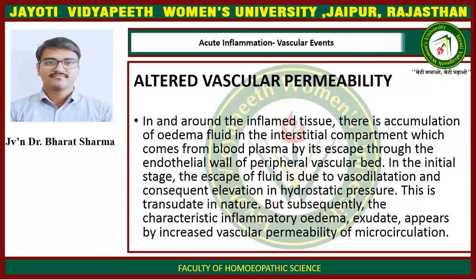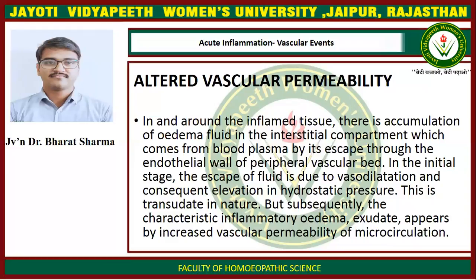In and around the inflamed tissue, there is accumulation of edema fluid in the interstitial compartment, which comes from blood plasma by its escape through the endothelial wall of the peripheral vascular bed.